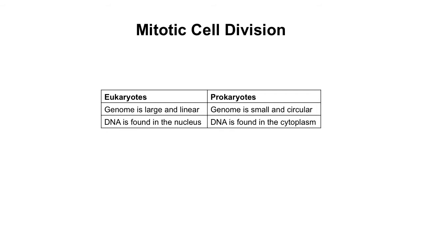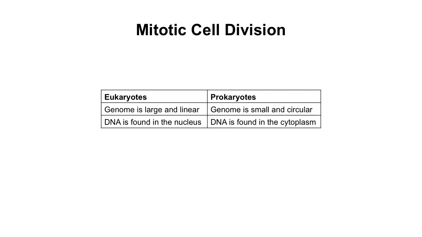And that is, the genome is large and linear, as I've already alluded to in section 11.1, whereas in prokaryotes, the genome is small and circular. And another important thing to consider, which causes a large mechanical challenge, is the fact that DNA of eukaryotes is found in the nucleus, whereas in prokaryotes, the DNA is found in the cytoplasm.